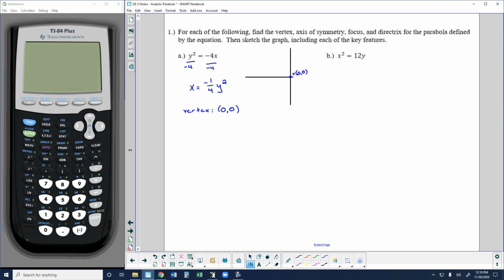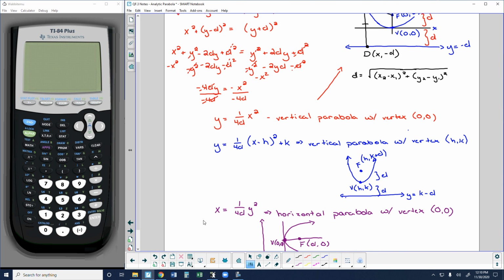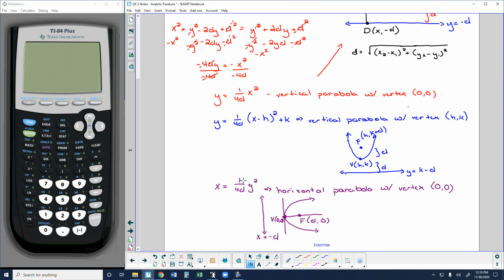Now, to find the axis of symmetry, the axis of symmetry always goes through the vertex. And because it's horizontal, it's either going to go to the left or to the right. Now, what we may notice here is that we have a -1/4, a leading coefficient that is negative. So what this is going to do is reflect the parabola. Notice that this value when we looked at the equation was positive, so it opened to the right.